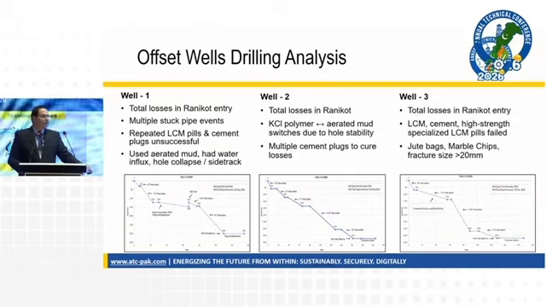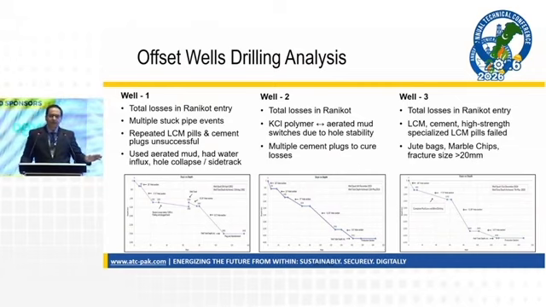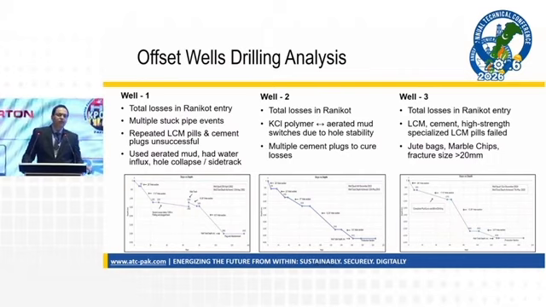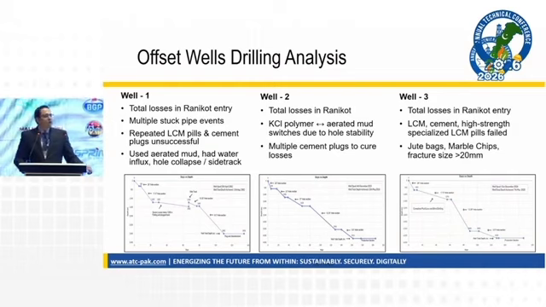We hit Ranikot again, and the same problem, total losses, was encountered. But in well number 3, we changed our strategy a little, to cure the losses with a robust and aggressive approach of LCMs. We designed LCMs in different labs of the contractor and tested the LCM on 20 mm slots in the lab.